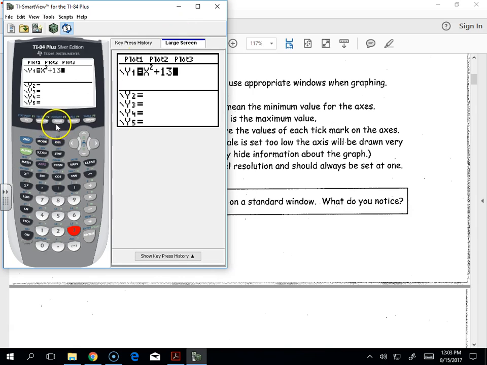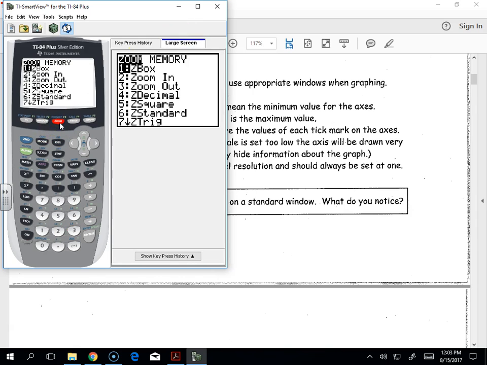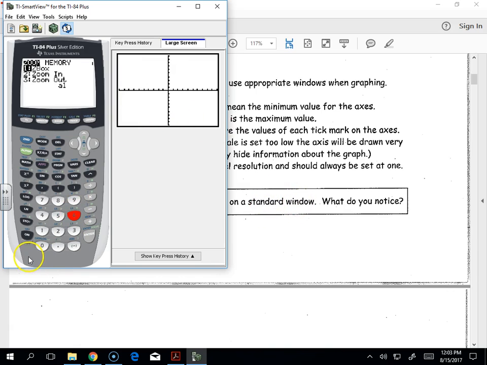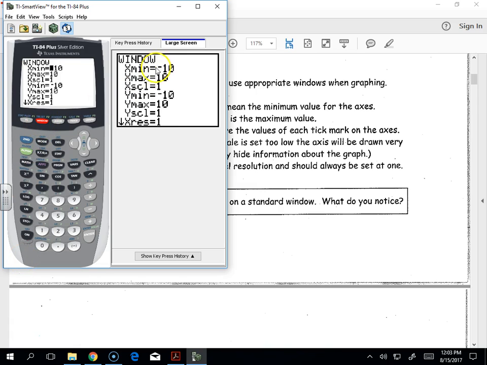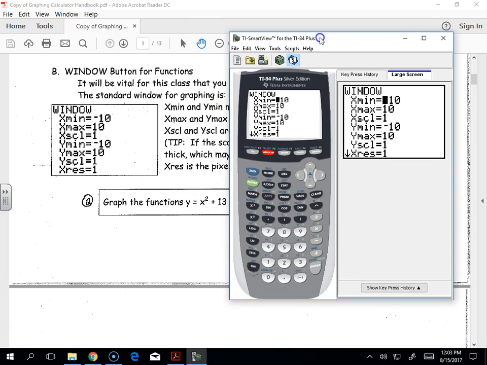When you go under the zoom, which one is standard? 6. Yeah, exactly. So whenever you see standard window, I think it probably refers to it in the paragraph above, but standard window is just talking about zoom standard, zoom 6. So instead of you guys having to go in and do it yourselves, it makes the 10 by 10 grid for you. So it's reminding you of what a zoom standard is.